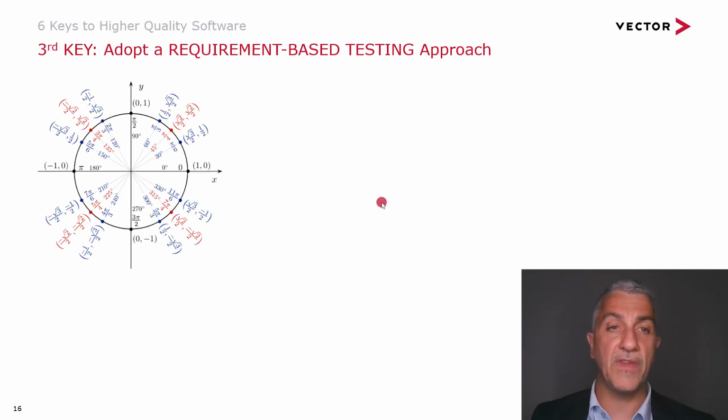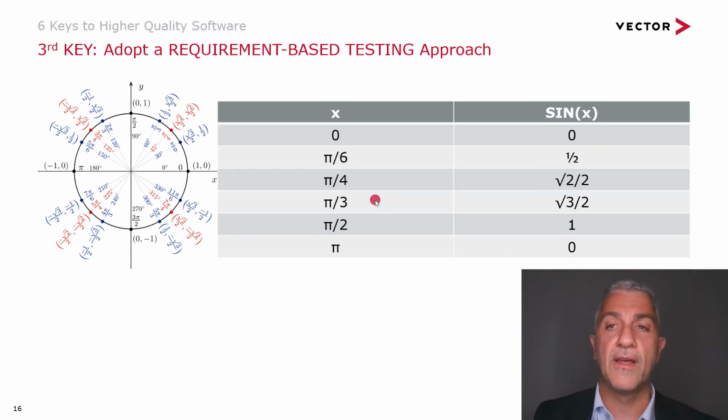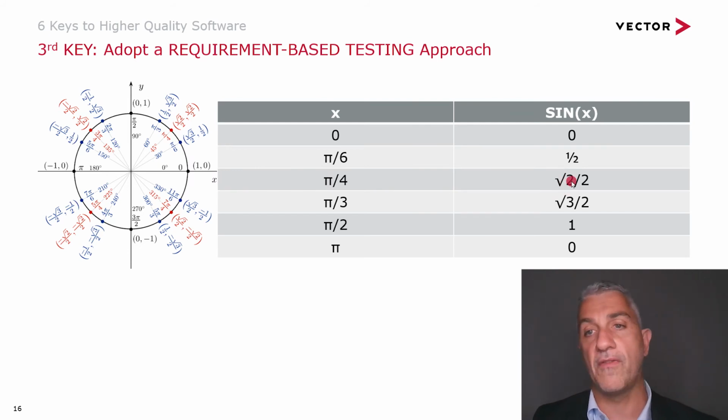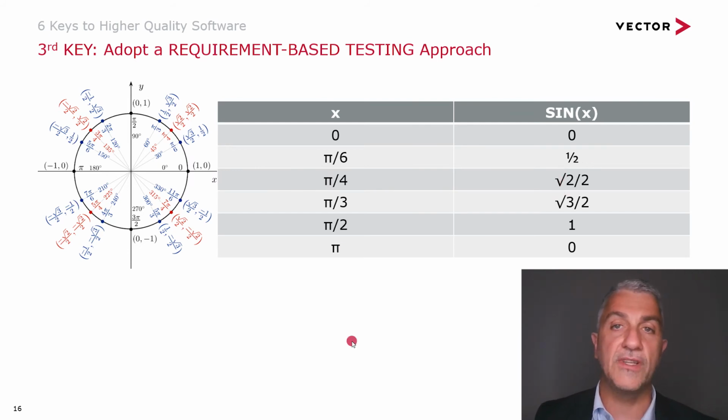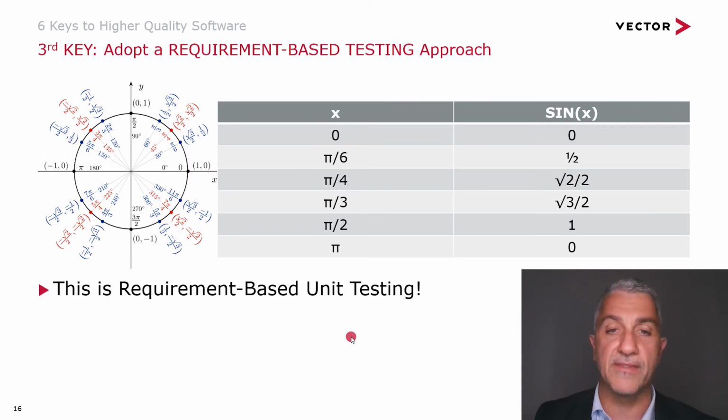And if you want to test this function now, it's very easy, because you remember from school the sin of some angles. The sin of 0 is 0, the sin of pi divided by 2 is 1, and so on. The sin of pi divided by 4 is square root of 2 divided by 2, etc.